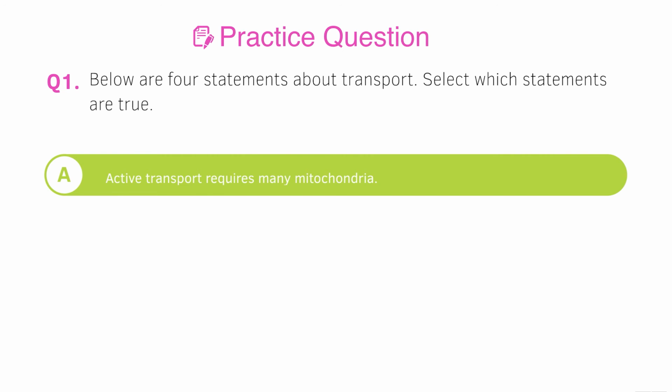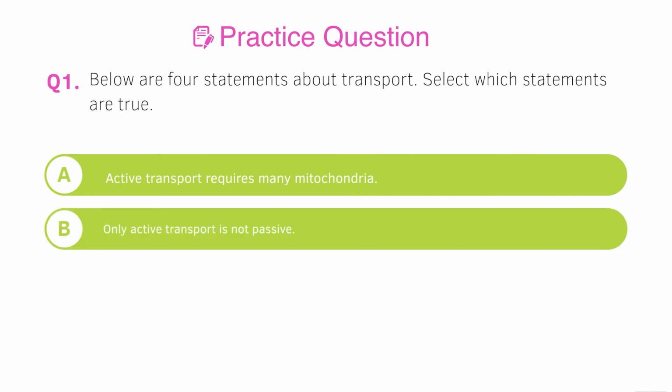That's a really good one for you to remember because examiners love putting that into exams. They love asking you questions like, why do you think this epithelial cell has many mitochondria? And if you remember this statement, you'll know that it could mean that a lot of active transport is occurring in this cell. Next, only active transport is not passive.